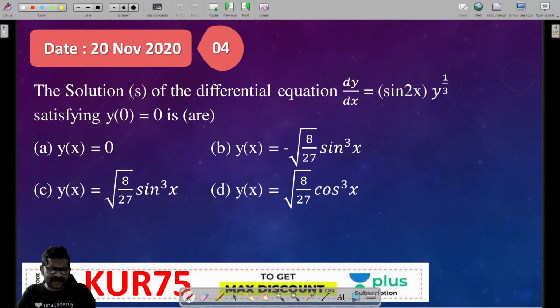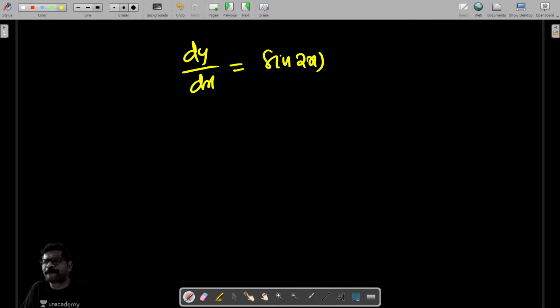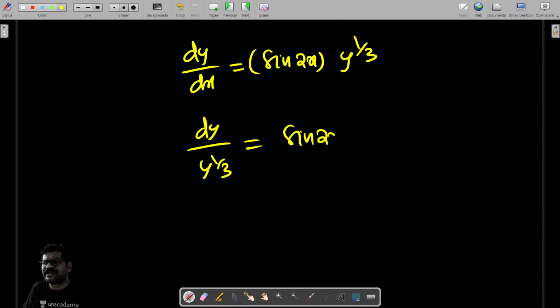Next, dy by dx equal to sin 2x into y power 1 by 3, y of 0 equal to 0. It is MSQ. dy by dx equal to sin 2x into y power 1 by 3. dy by y power 1 by 3 equal to sin 2x dx.